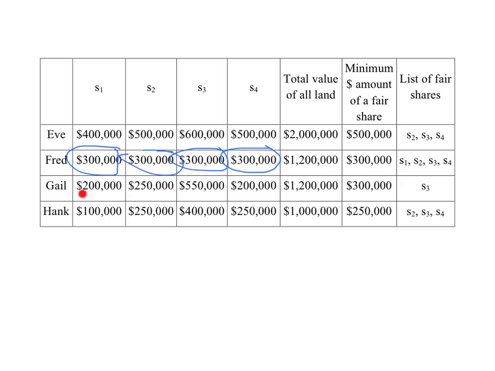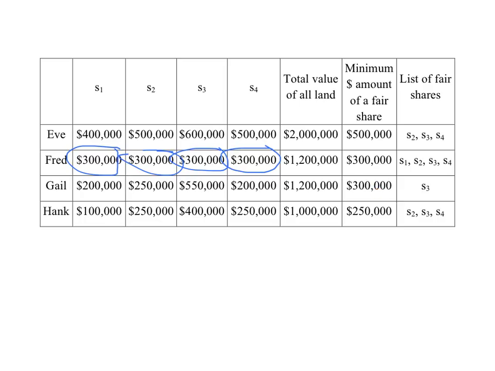For Gail, when we add up her valuations of the 4 parcels of land, they too add up to $1.2 million in total, and she too therefore has a minimum fair share value of $300,000.